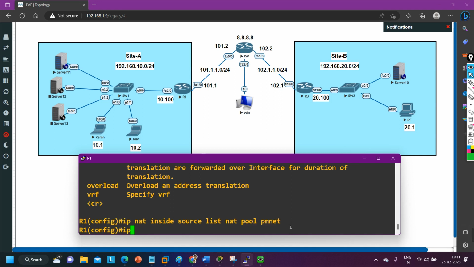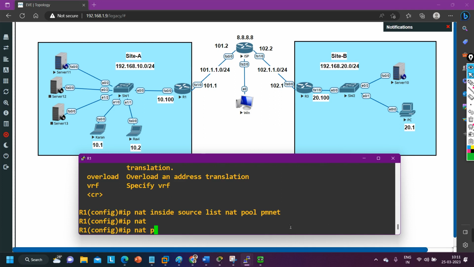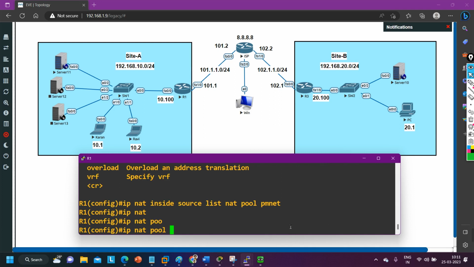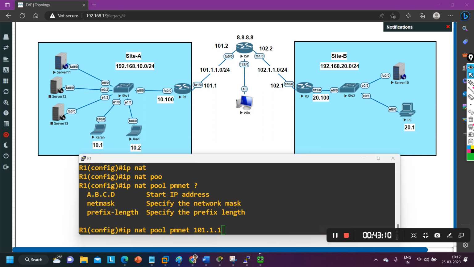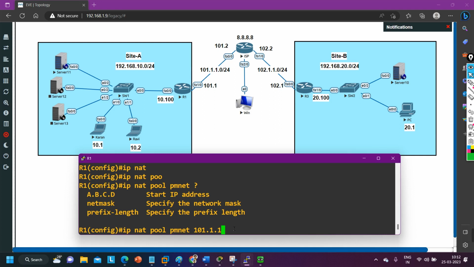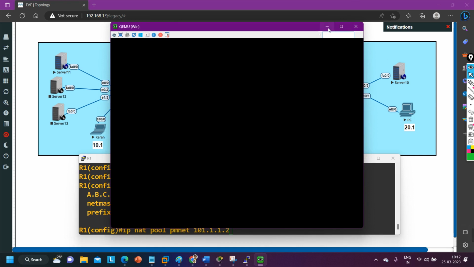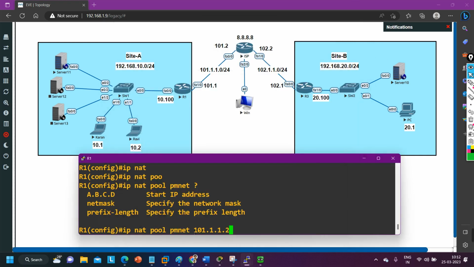Now we need to create the pool. So ip nat pool, and after that the name of the pool, PM NAT, and here we are going to define the address. Here you can see the start IP address. So the public IP address, let's say 101.1.1.3, is the starting IP address of my pool.